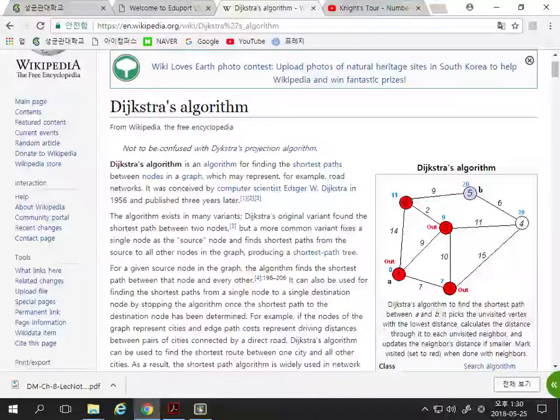Okay? Understand? This animation shows Dijkstra's algorithm in motion.